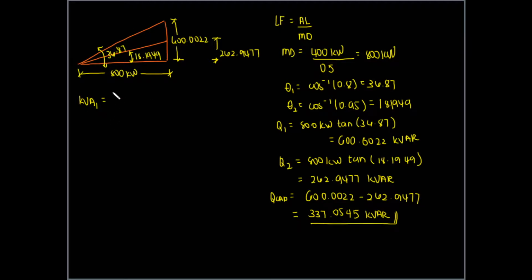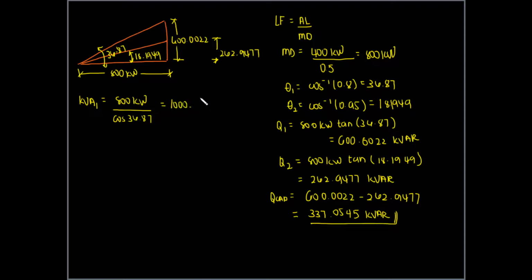So the kVA must be 800 kilowatts divided by cosine of 36.87, which is 1000.